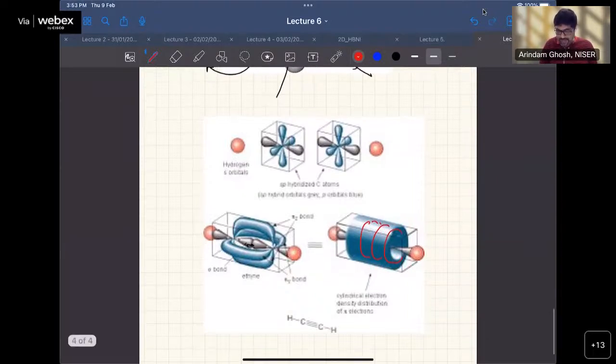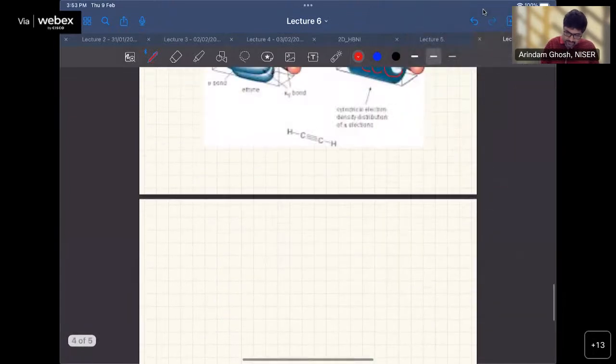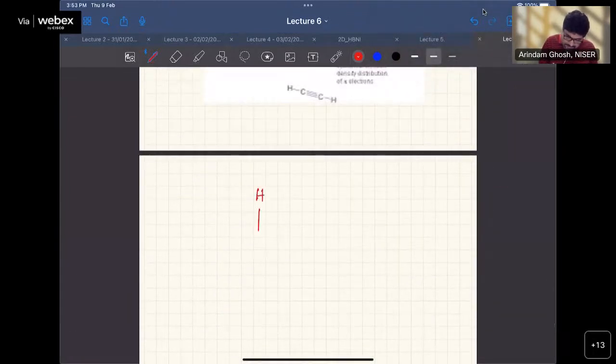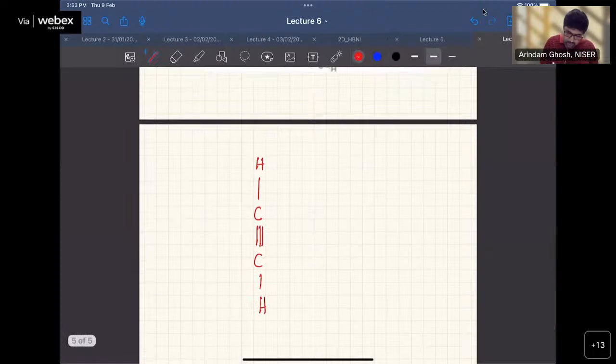So if this is the ring, then the field is going to be something like, okay, let me draw another one. I have this H over here, then this C, then this triple bond C, and then another H, correct? So we have this whole ring here, or basically a dumbbell of electron cloud, and the rings are forming like this, right?